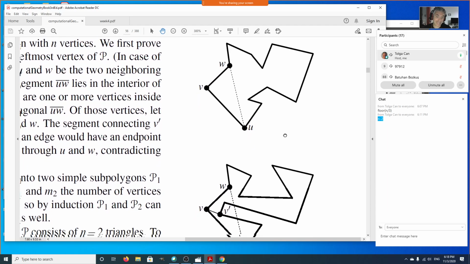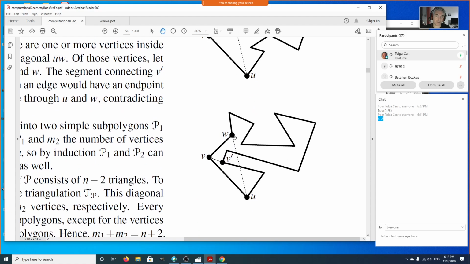Or it may be the case that, look at this one, U and W, there are actually 2 vertices, V prime and let's call the other one V double prime, to the left of UW. Now there are 2 vertices to the left of UW, and therefore we cannot safely draw this diagonal.